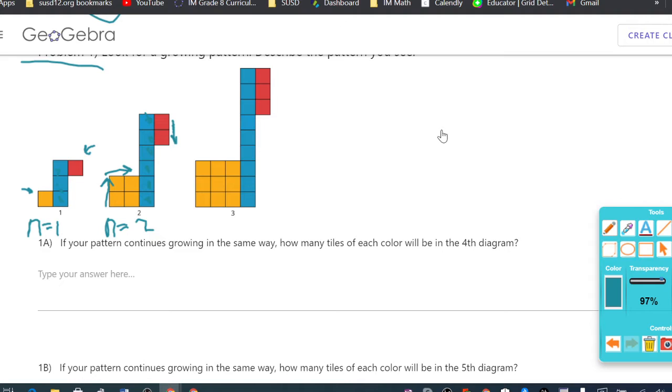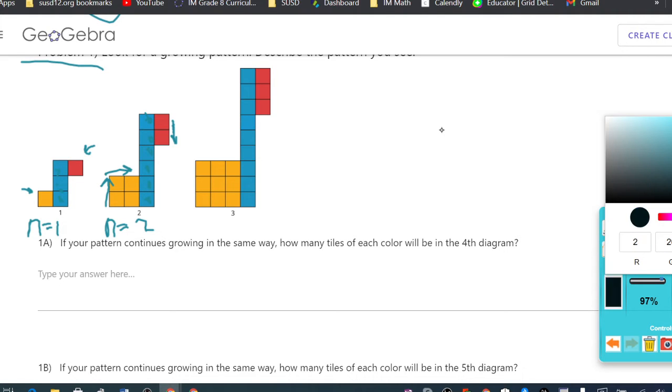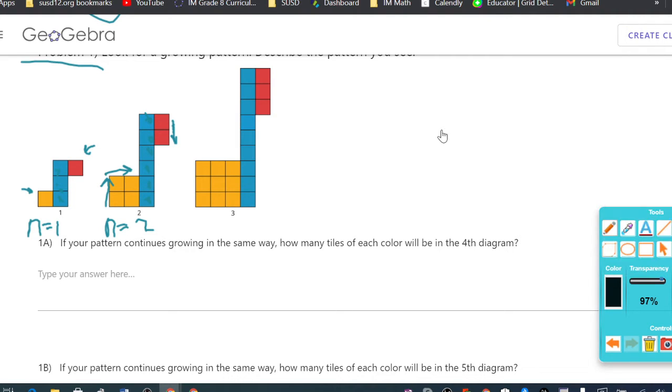You know what? I have an idea. Let me change the color of my pen. There we go. So here in the first picture, n equals 1, we have 1 yellow square, and we have 1, 2, 3 blue squares, and we have 1 red square.